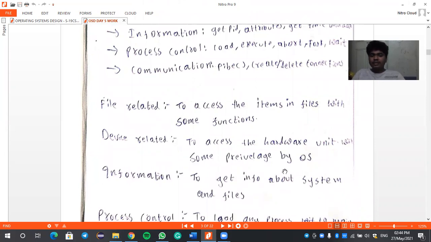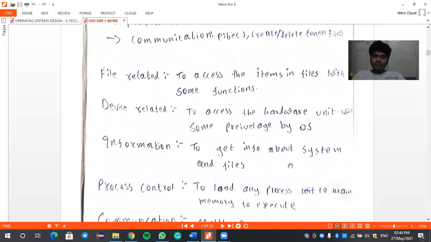Coming to device related system calls, they access the hardware unit with some privilege by the OS. The operating system is a combination of both hardware and software, right? The working of the hardware with the help of software is handled by device related commands. The operating system needs to access all the hardware units of the computer, and to do this we need device related commands.